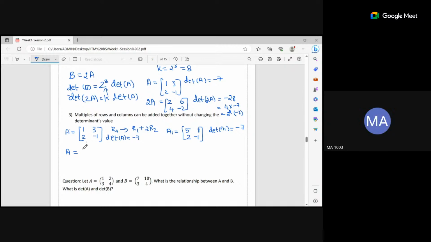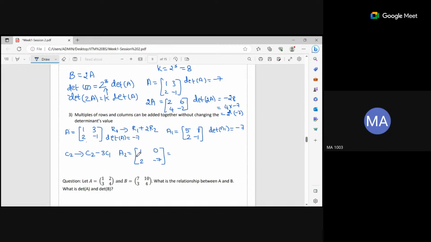The first column is going to remain the same: 1, 2. The second column is 0, minus 7.